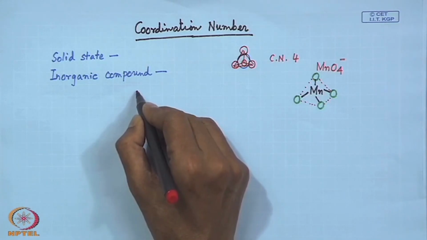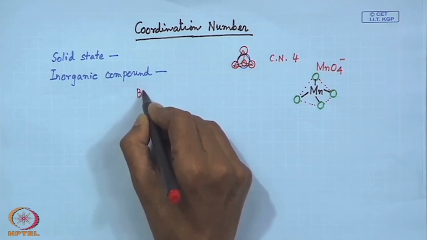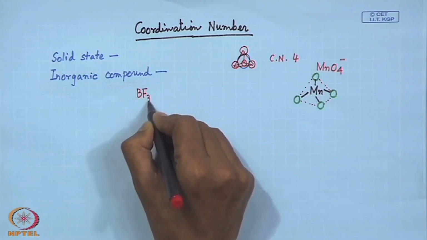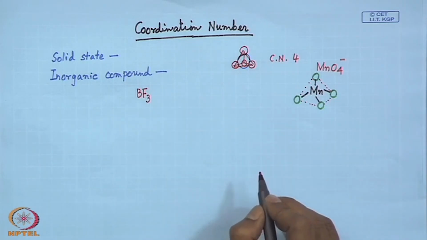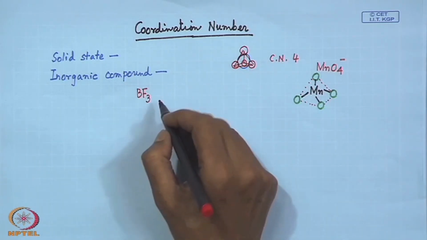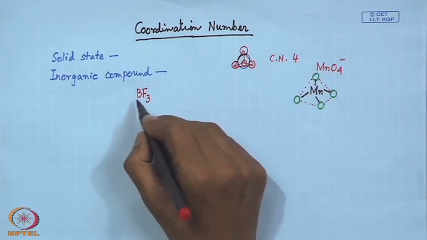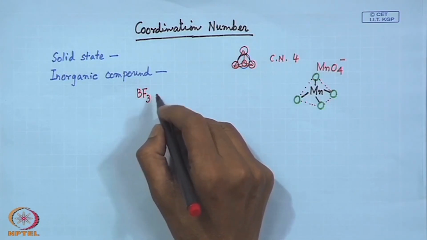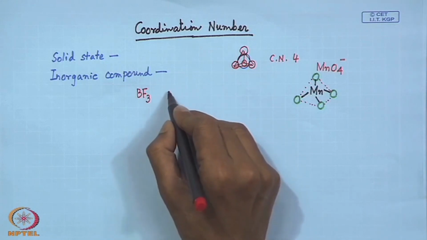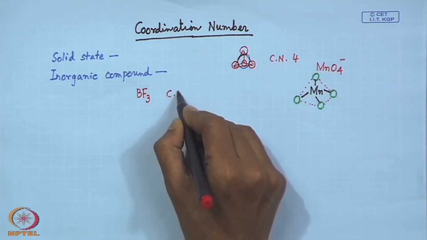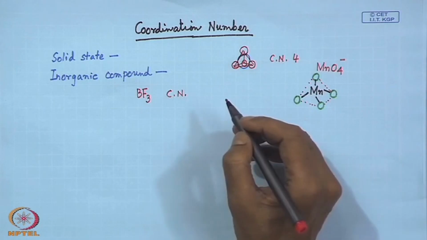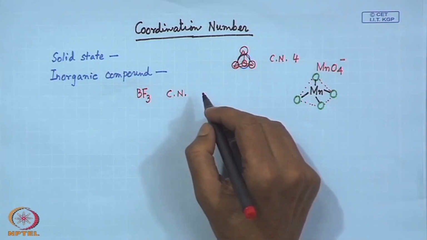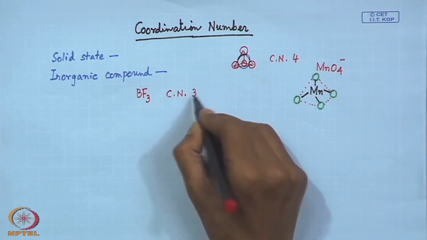Similarly, some inorganic compounds like boron trifluoride, by knowing the stoichiometry of the compound, we can see that boron is attached to 3 fluorine atoms. So initially only that particular information is sufficient to say a coordination number of 3 to boron.